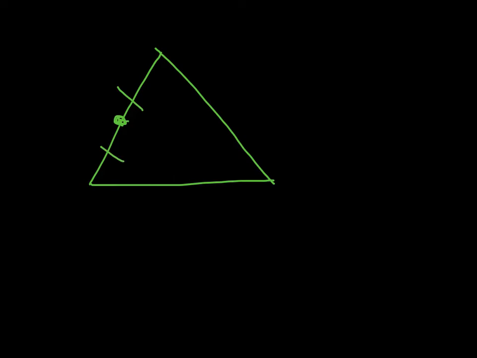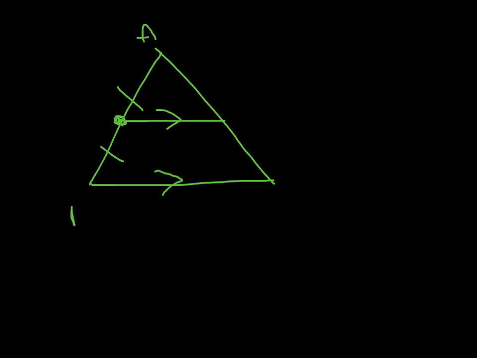And something related to this, if I give you a triangle, and if I give you a midpoint, and if a line segment goes through that midpoint to the other side, and if we know that it's parallel to that third side, then it must go through the midpoint of the other side.